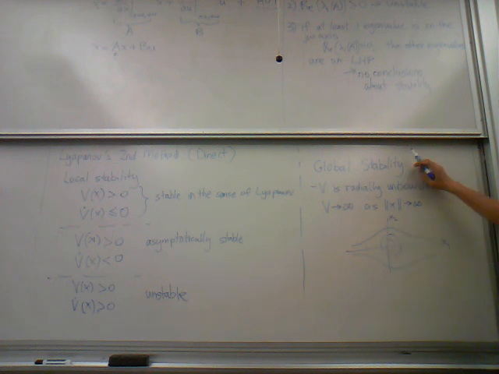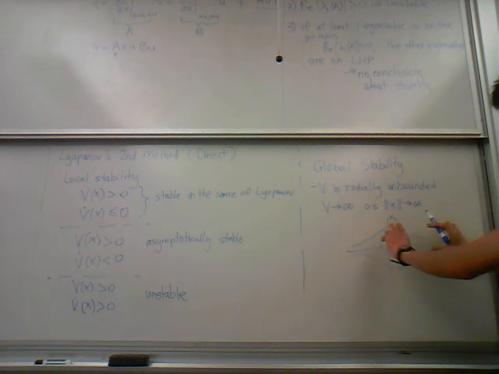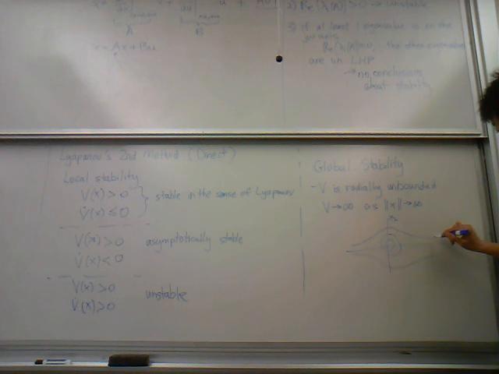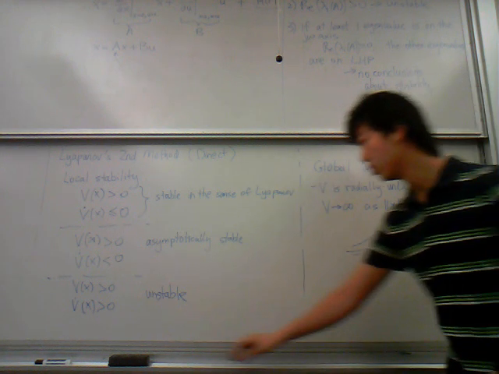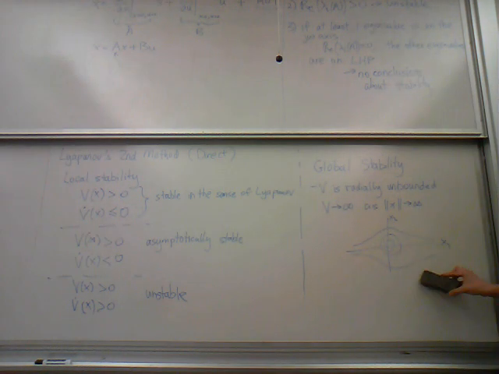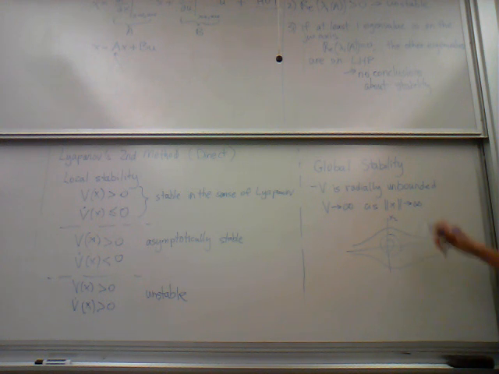We can't say anything about global stability because our V doesn't go to infinity as x1 goes to infinity. So in this case it wouldn't be radially unbounded. So to make any claims about global stability, we have to choose our V very carefully.